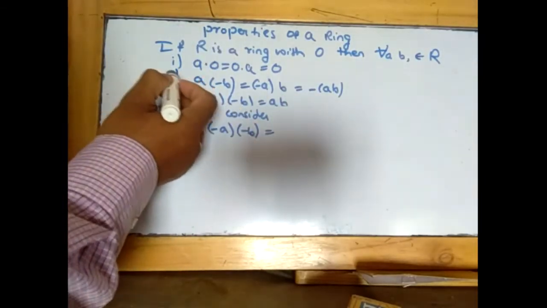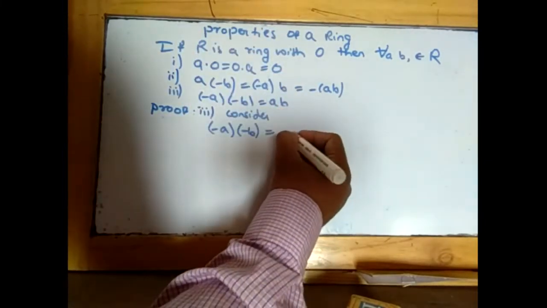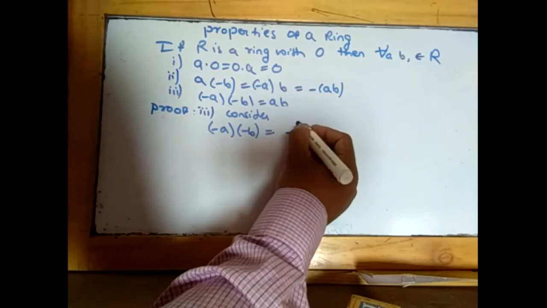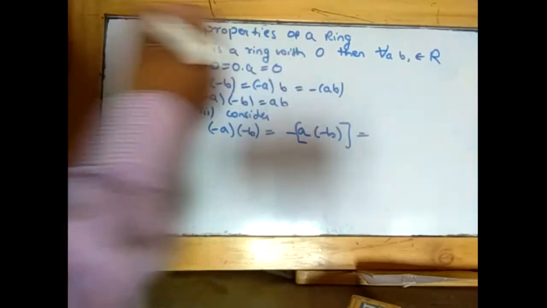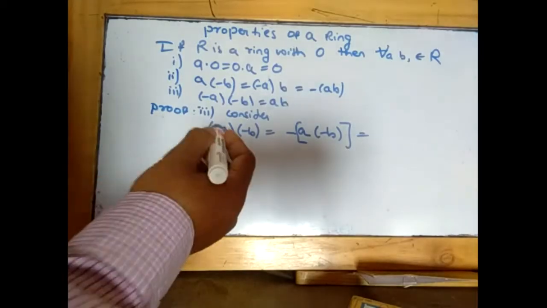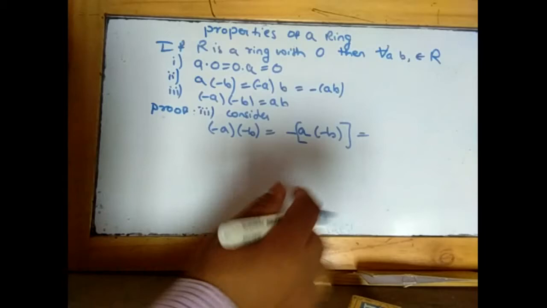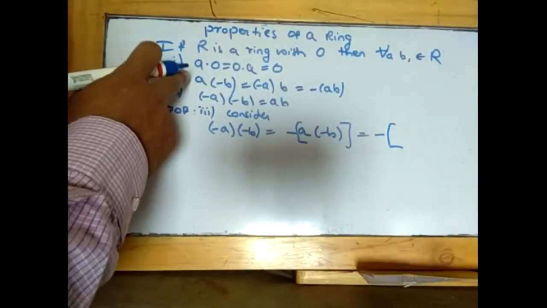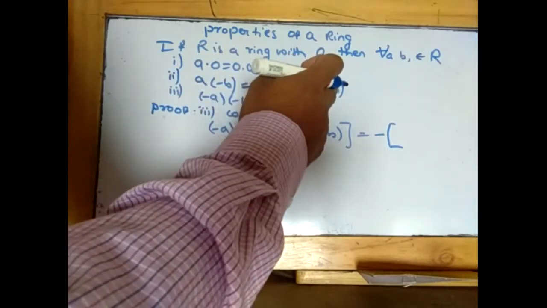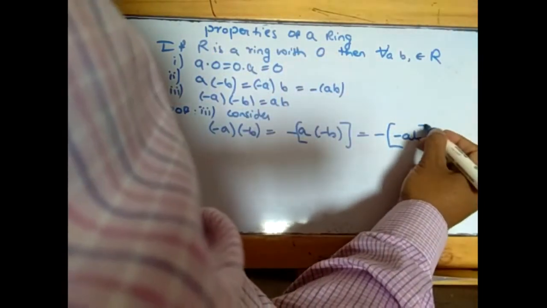Now using the second property, this can be written as minus of a into minus b. Take minus, then a into minus of b, or this is the same as, now what is a into minus b according to this property? Minus ab. So it is minus ab.